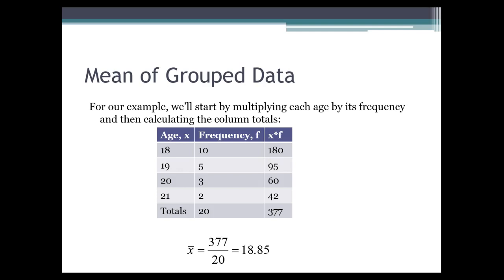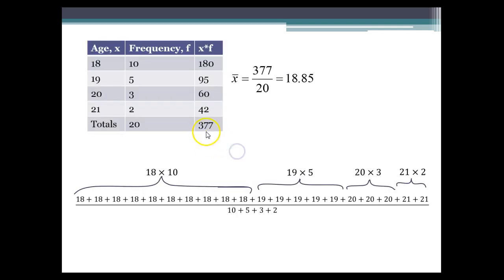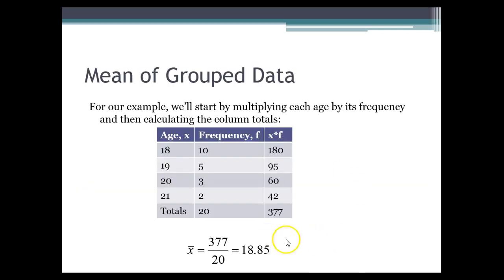Make sure that the mean should be somewhere in the middle of that data. So if you do a calculation and it comes out not between 18 and 21, let that be kind of a hint that you've done something wrong. So anyway, we get the mean age in this class is 18.85.